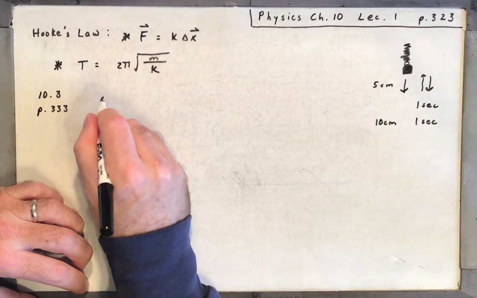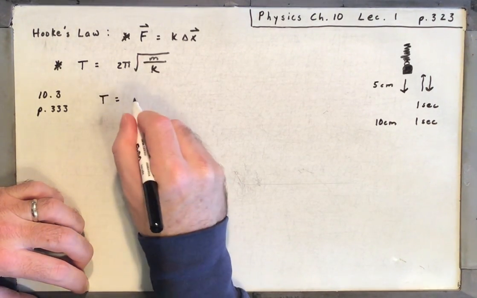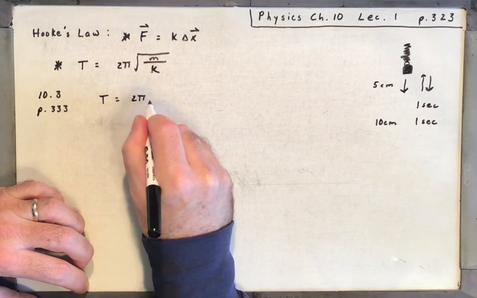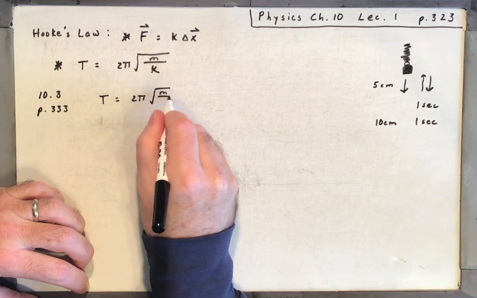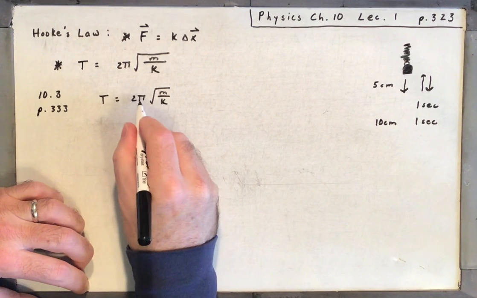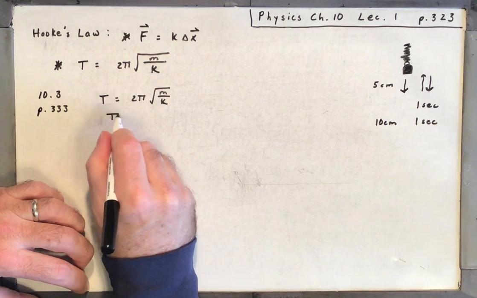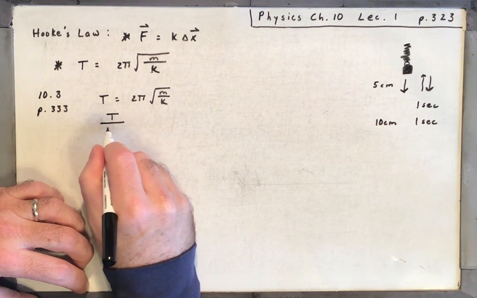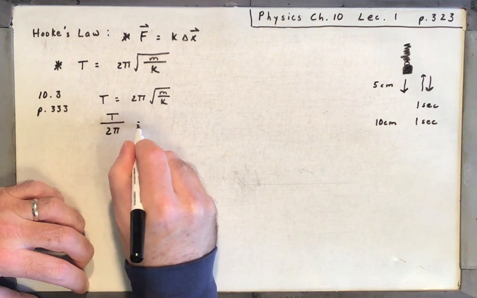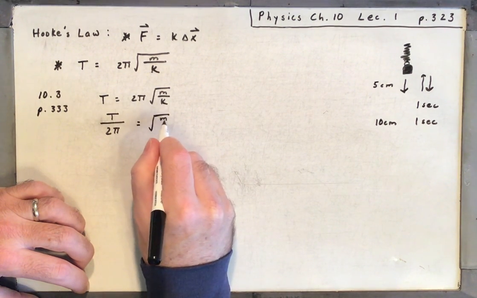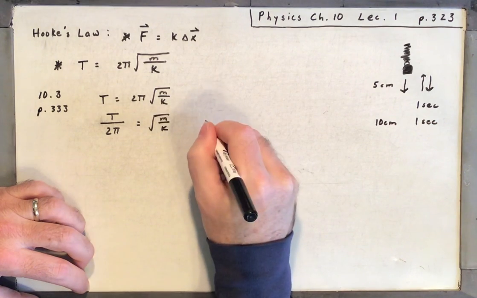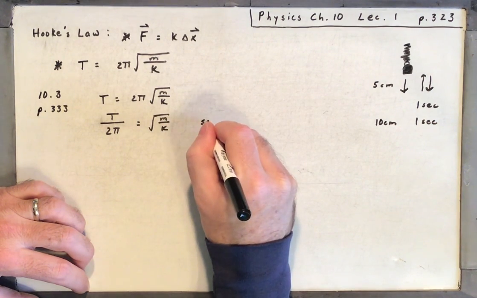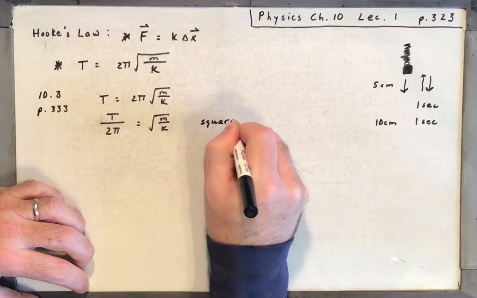All right, so I'm going to just solve it with our variables first, then we'll plug the numbers in. Now what I would do algebra-wise is bring the 2 pi underneath T, or the period. In order to get rid of the radical, let's square both sides.